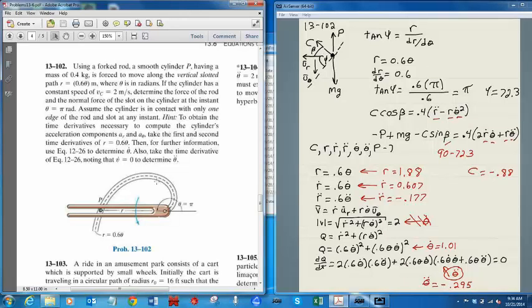The negative means that I drew it incorrectly, so I'm showing that the circular slot is pushing the peg away from it, but it's actually going to be pulling inward. No big deal. I probably should have known that because the acceleration is always inward on the path. Anyway, and then the value of P that I get is equal to a positive 3.92.